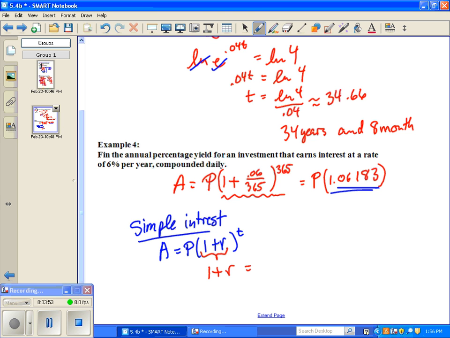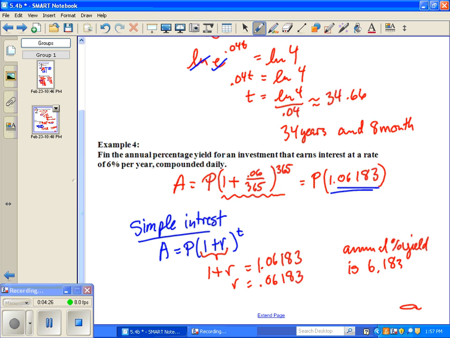And we are going to set that equal to 1.06183 and solve for r. That's our percentage yield. So if we subtract 1 from both sides, r is going to be 0.06183. So our annual percentage yield is 6.183%.